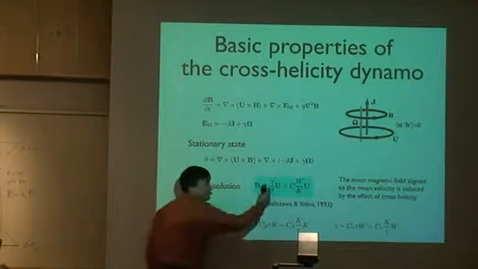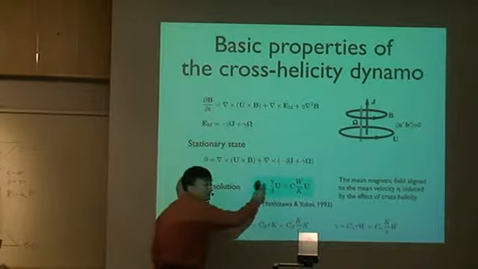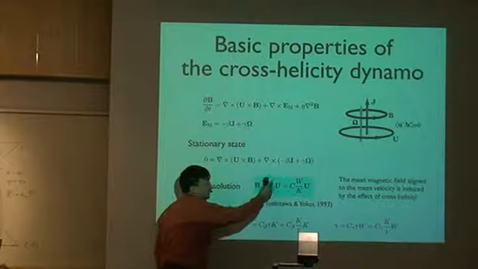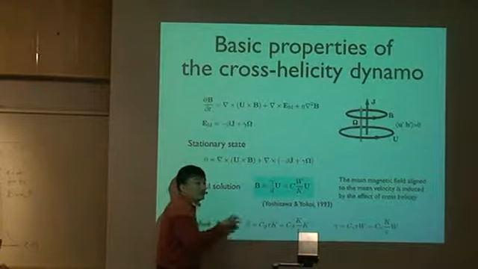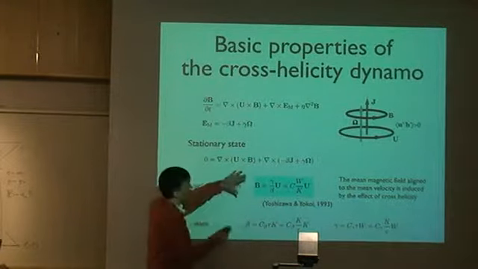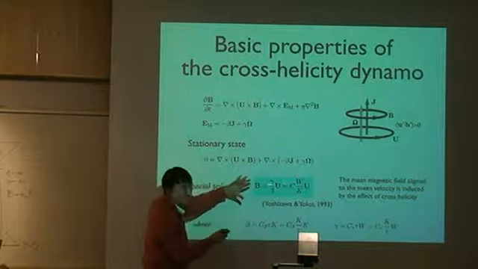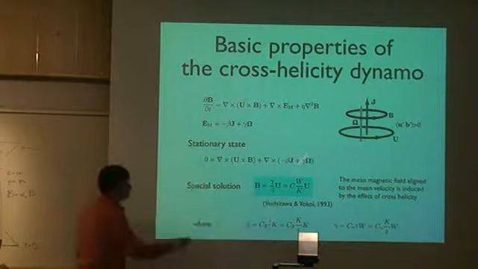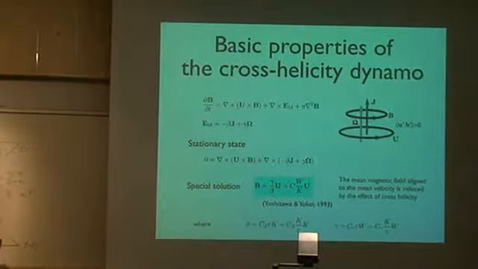Of course, this is a turbulent quantity, so it does have spatial dependence, but as a first approximation we can neglect it. Then we have this one and this one also. So this is a special solution in some sense.